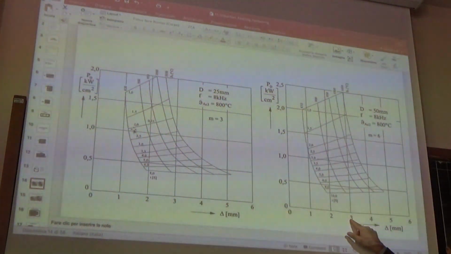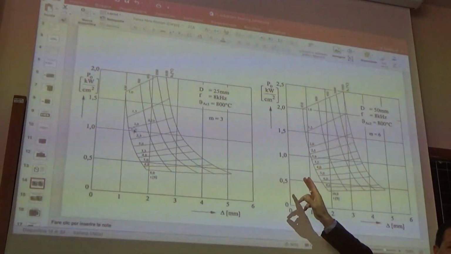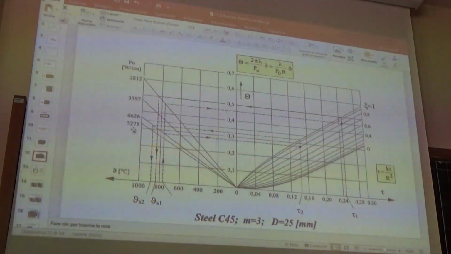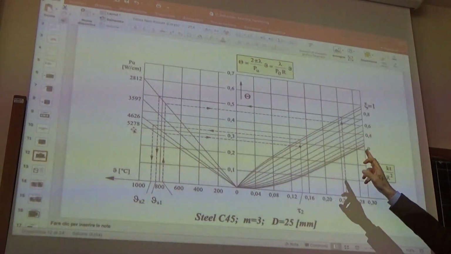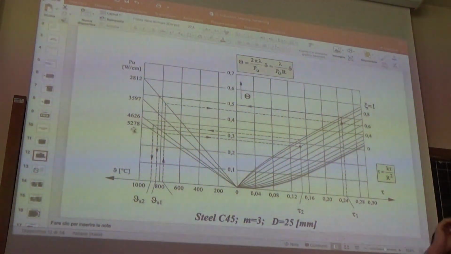This is the depth. This is the P0, which is the same, you know. We have the power per unit length, but we can give also the power per unit surface. You remember P0, you remember? So we can use also this formula.